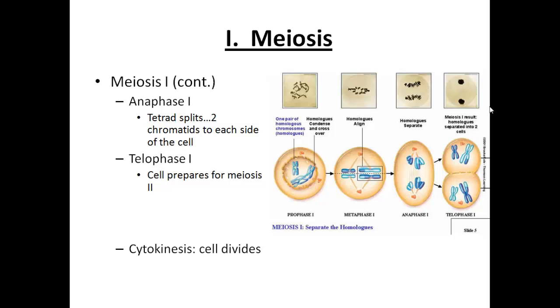So then we've got meiosis continuing. Anaphase, just like in mitosis, the tetrad is going to split. The chromatids move to each side of the cell. In telophase, the cell's ramping up and preparing for meiosis 2, and then the cell's going to divide. So at the end, we've got two cells forming.